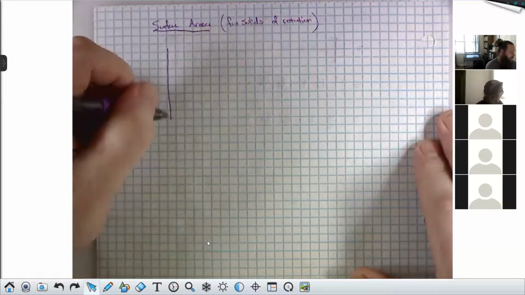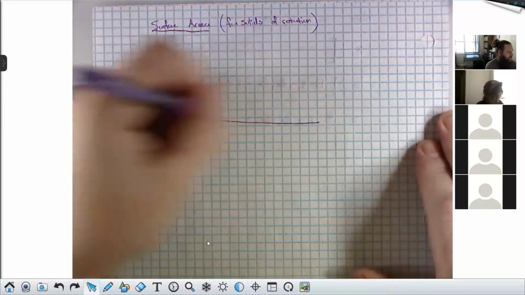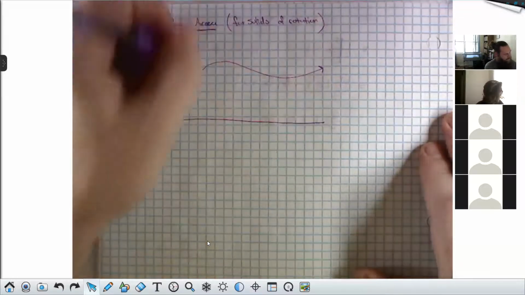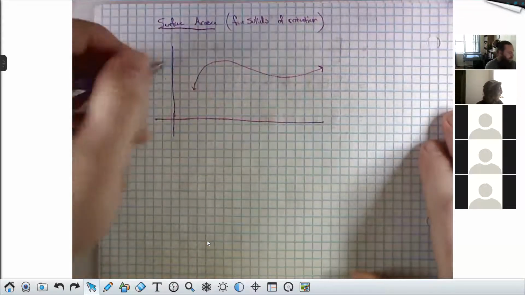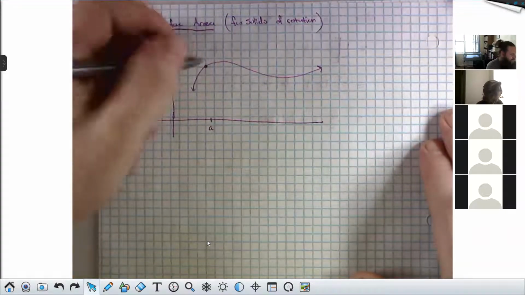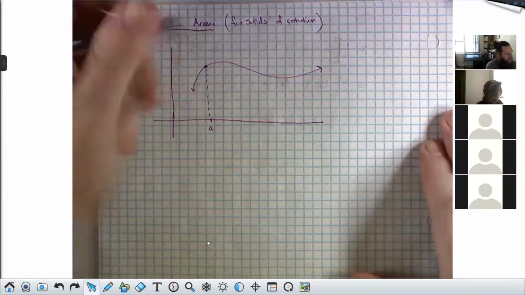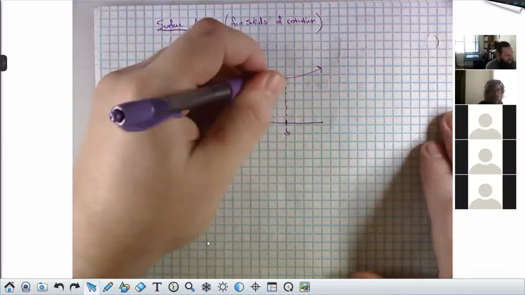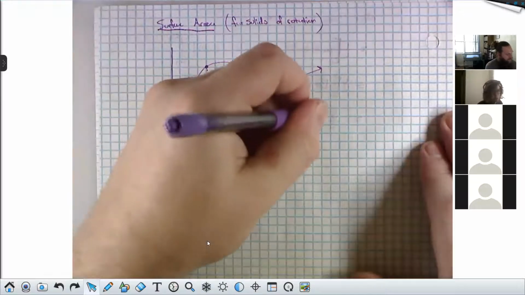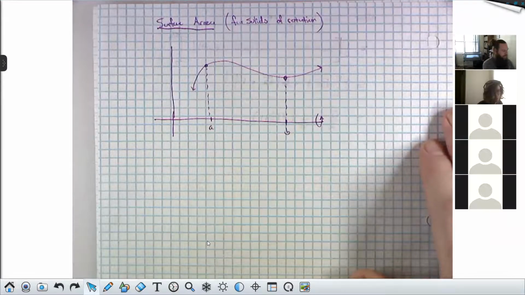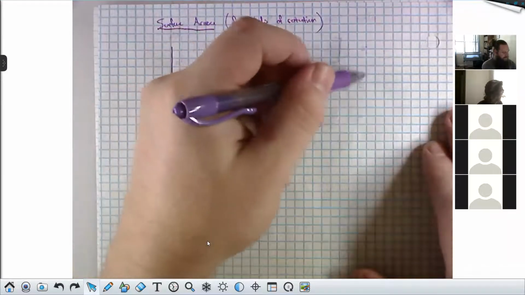The picture here, something like this. I have some curve, and I'm interested in working just between like A here and B here. I want to rotate that around the x-axis. We know that that'll produce a solid.